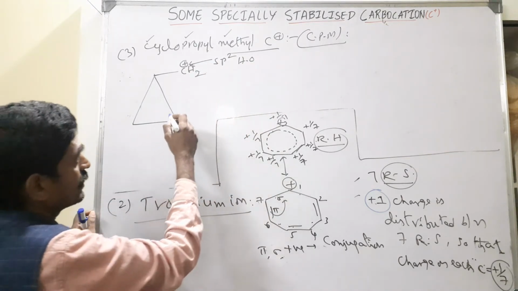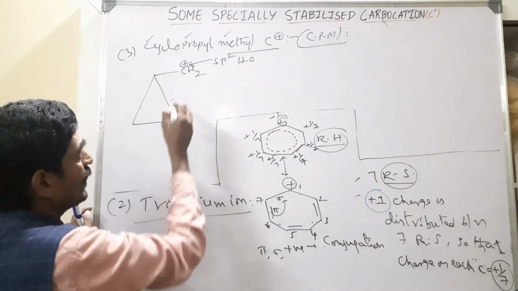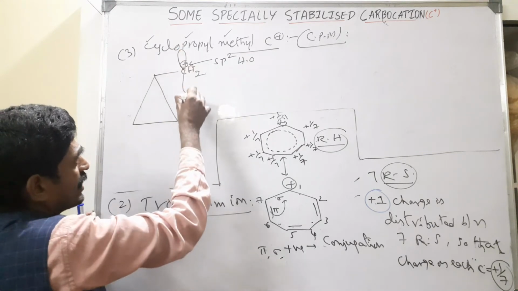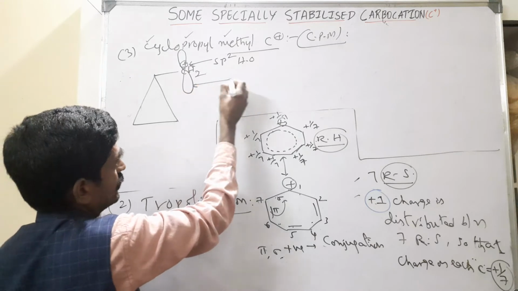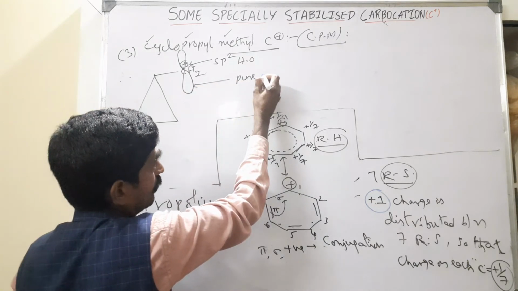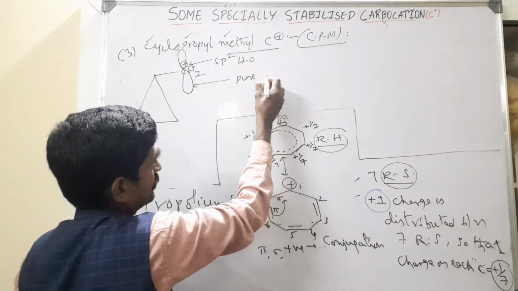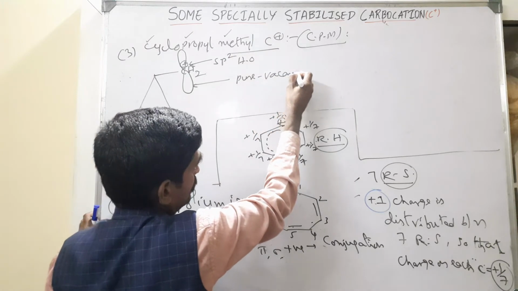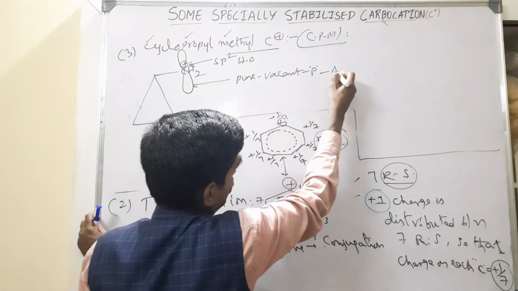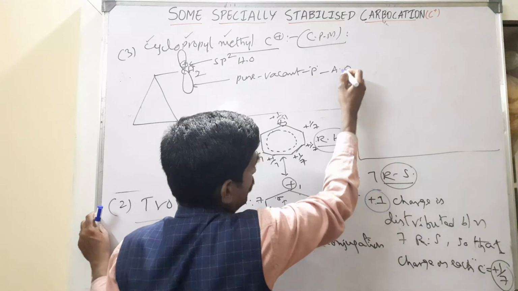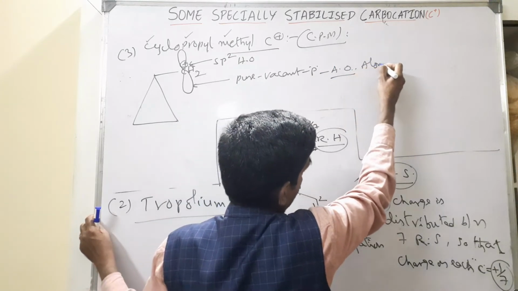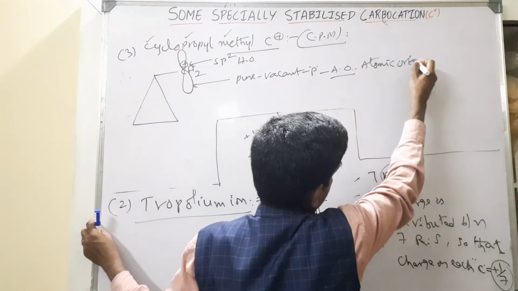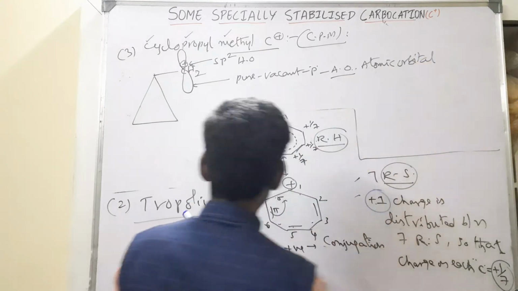Now this carbon has one pure p atomic orbital, which is pure vacant, that is empty. Pure vacant p atomic orbital. AO means atomic orbital, right?